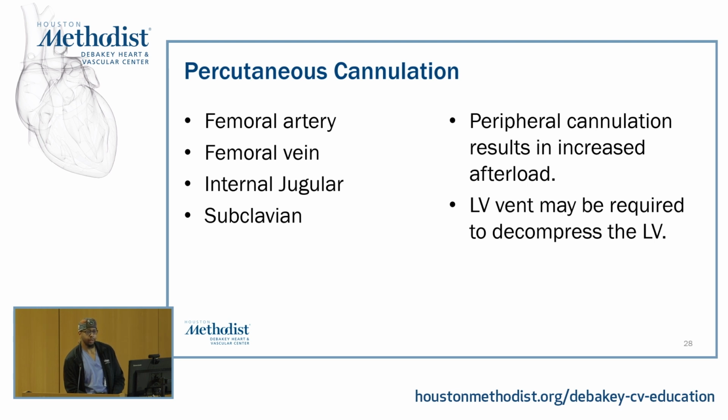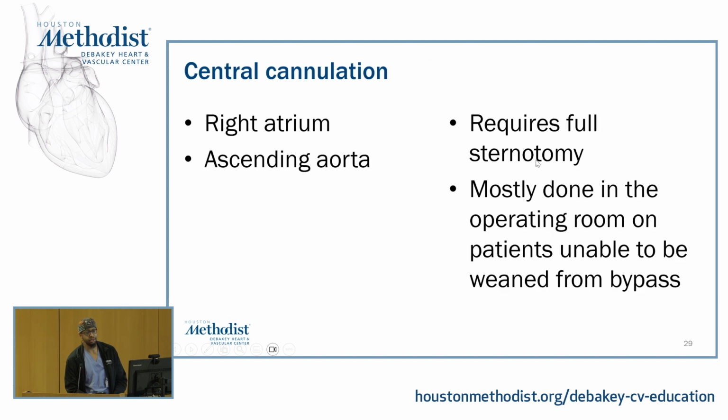So if you already have a weakened heart, that's going to cause even more stress on the heart, in which case you may have LV distension, because now you have competing flows going against each other. In that case, we usually put in an LV vent to help decompress the LV, help it from becoming over distended. Just like in reference to a rubber band, if we stretch out that heart too much, eventually those fibers are going to just snap and that heart's going to be unrecoverable.